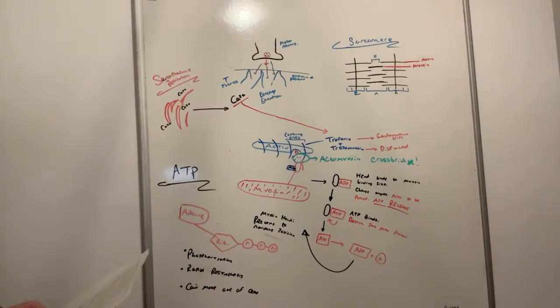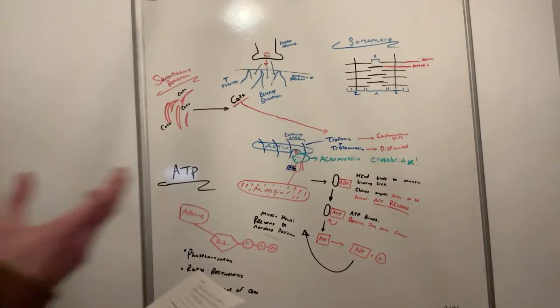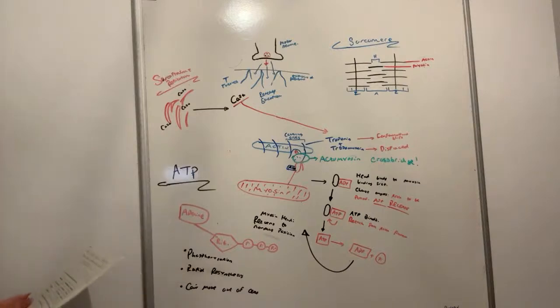Tropomyosin covers the binding site. Myosin will attach to the exposed actin, changing shape, causing it to be moved along. It will then unbind and rebind. Capillaries provide oxygen and glucose for respiration, and a high rate of it.